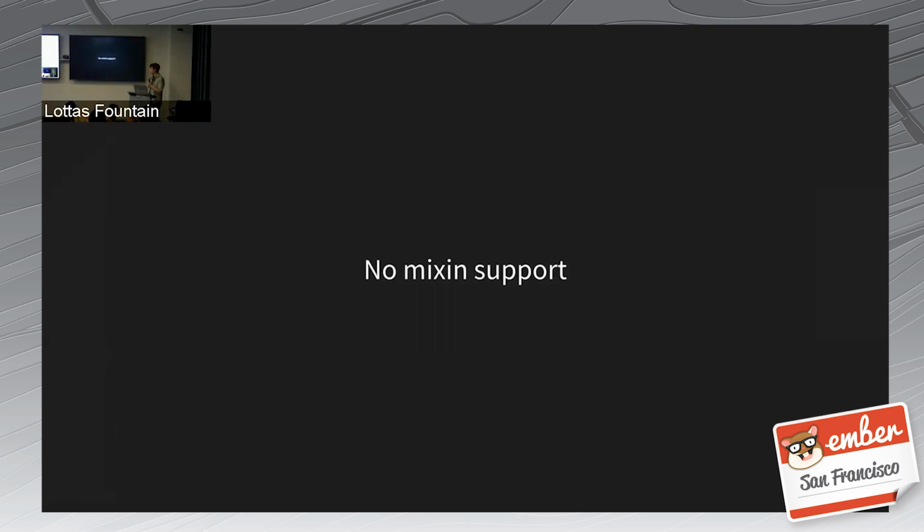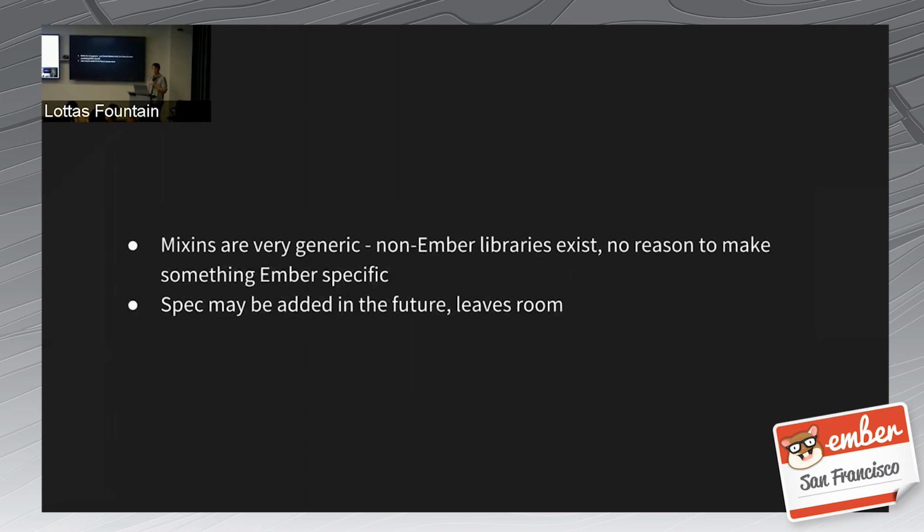Also, the RFC took the position of not providing any mixin support. And really, there were two reasons for this. One is because mixins are a very generic concept. Other libraries already exist for them with decorators and everything. And because we're no longer going to be using an Ember-specific class model, it didn't really make sense to create an Ember-specific mixin model.